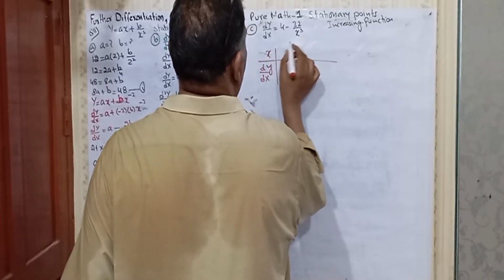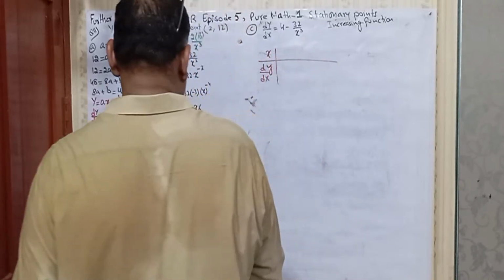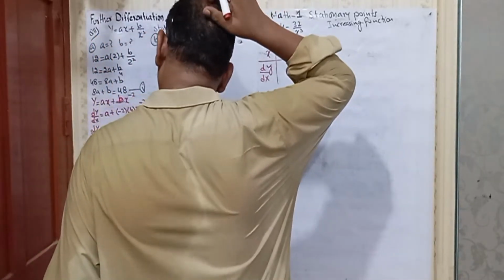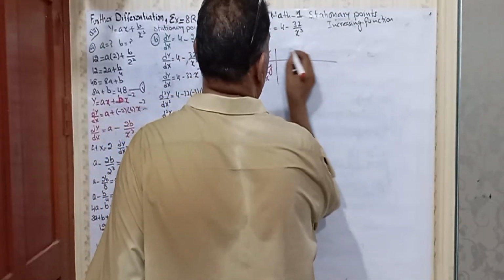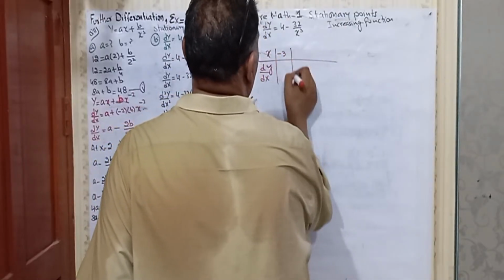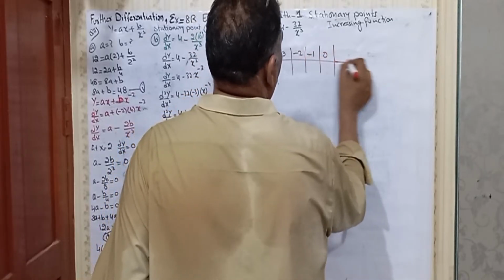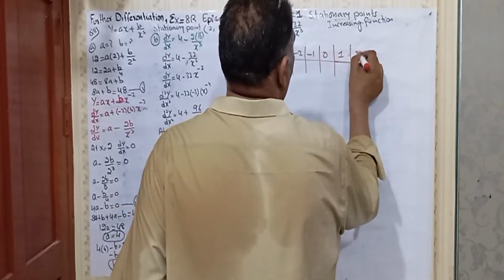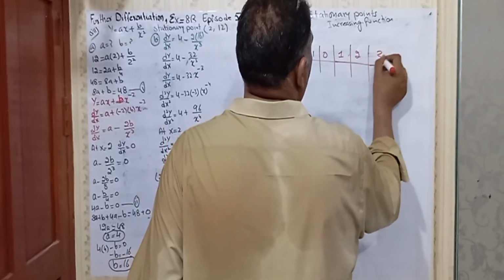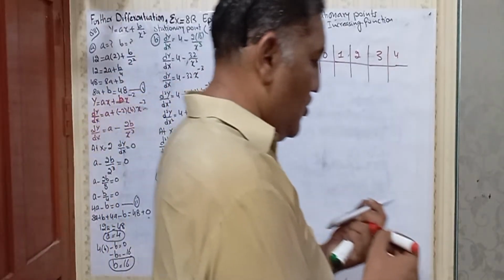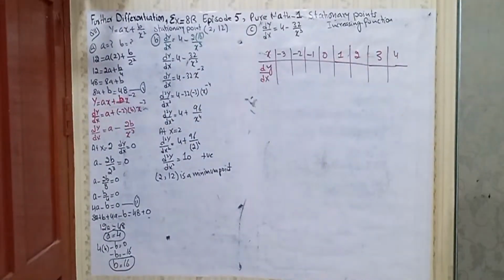Here we go. My turning point is at 2. So I can take -3, -2, -1, 0, 1, 2, 3, and 4. Let me plot these points and find the values.